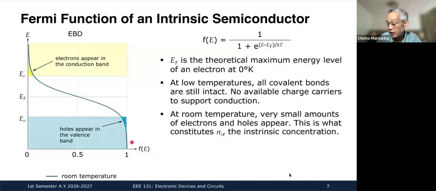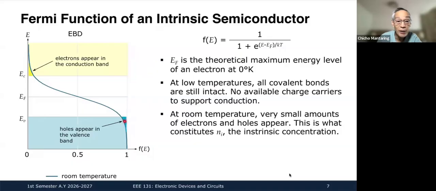What will happen at room temperature? At room temperature, the curve becomes less severe. It becomes now a more subtle curve. Dito, the probability that your electron exists is already becoming less than 1.